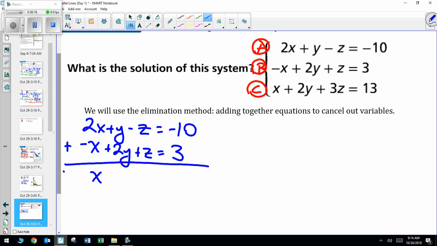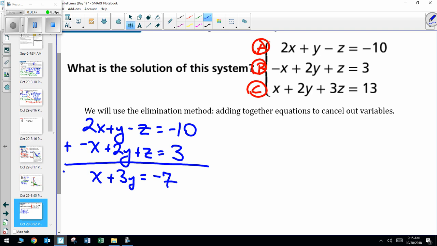And then y plus 2y is going to give me what? 3y. Negative z plus z cancels, and then negative 10 plus 3 gives me negative 7. Right, so now I have those two equations where I cancel them out.